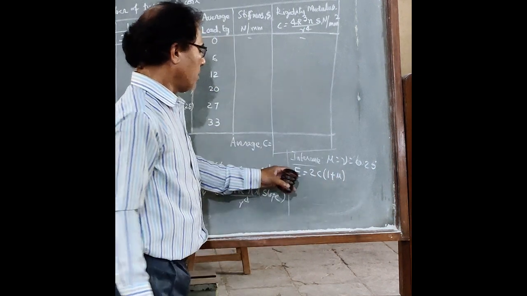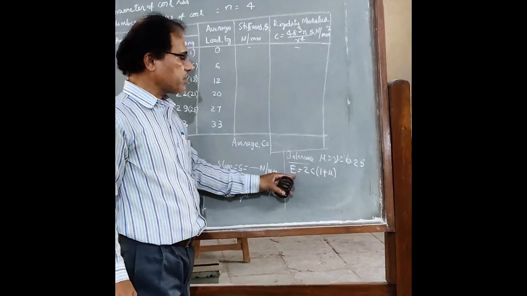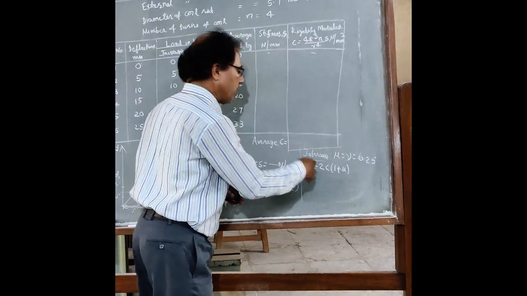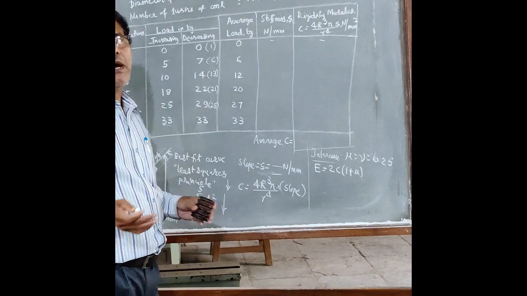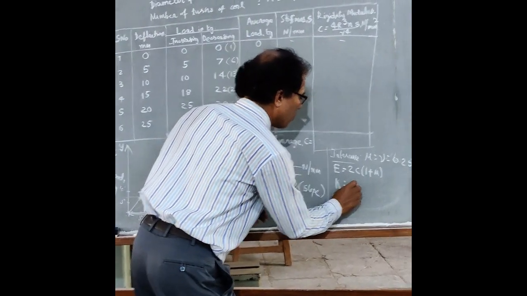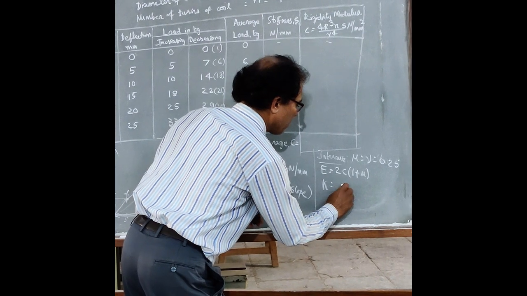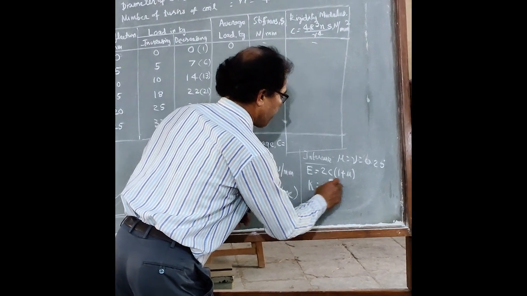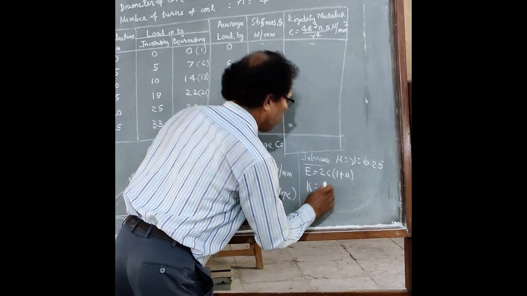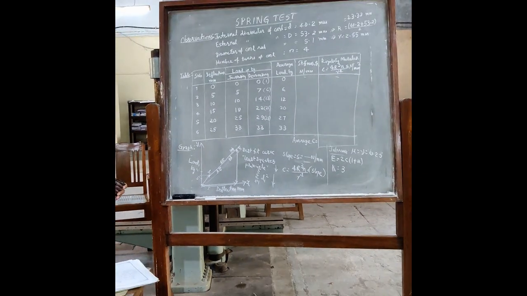Just substitute the C value. Even the bulk modulus K can be obtained, and by substituting you will get the bulk modulus also.